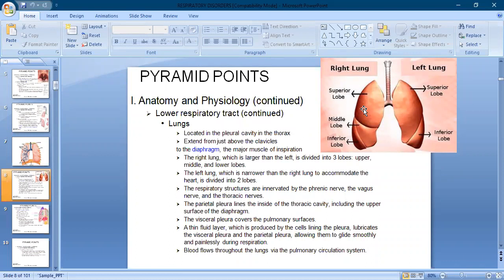And as I told, the right side has 3 lobes, but the left side has 2 lobes, superior lobe and inferior lobe. But the right side, superior, middle, and inferior. And this is the area for the heart, and this is called mediastinum.